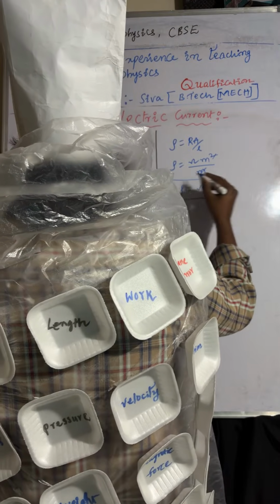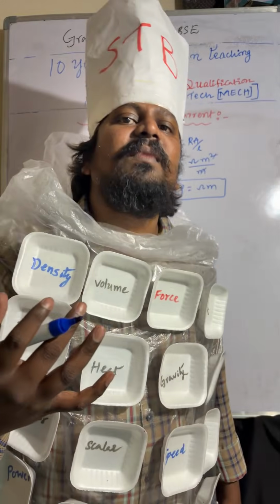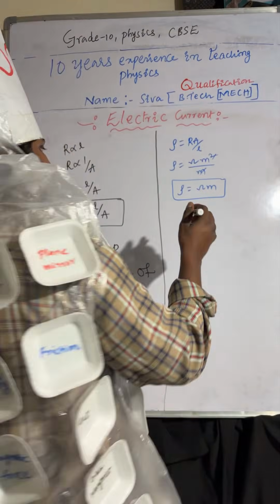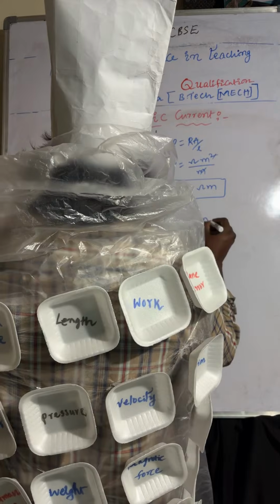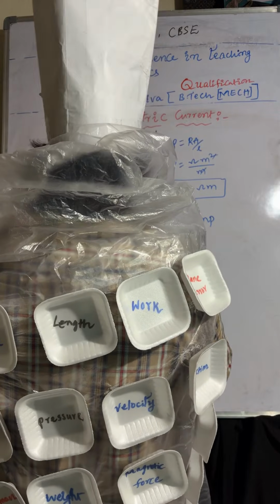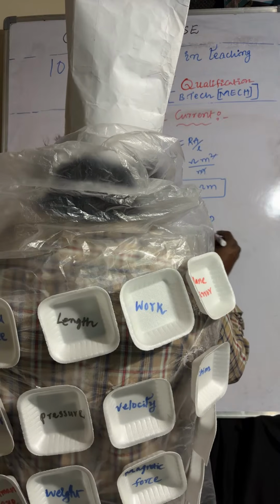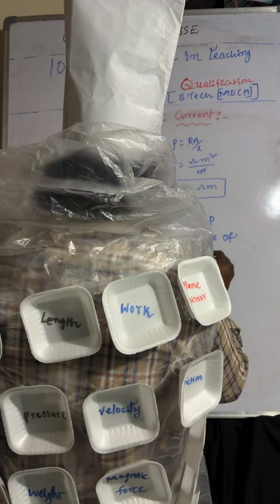The SI unit of resistivity is ohm meter. So resistivity depends on temperature and resistivity also depends on nature of the material. Understood or not?